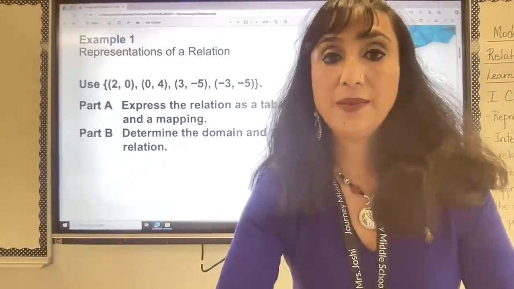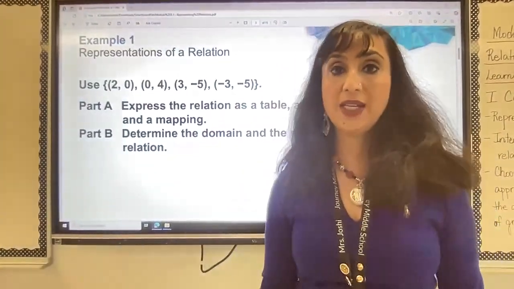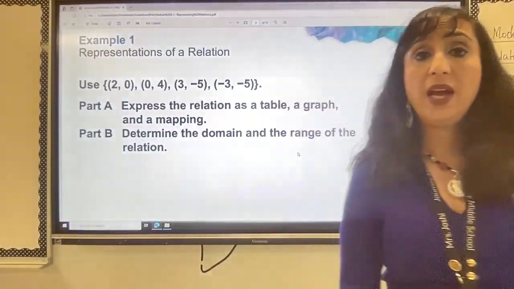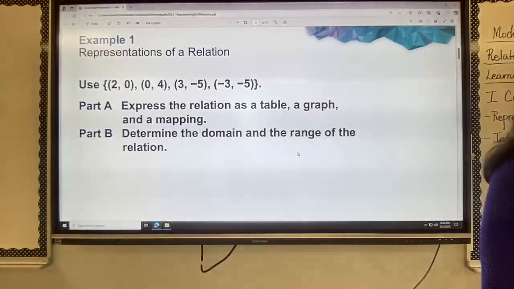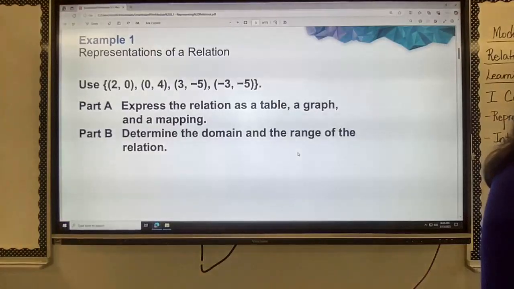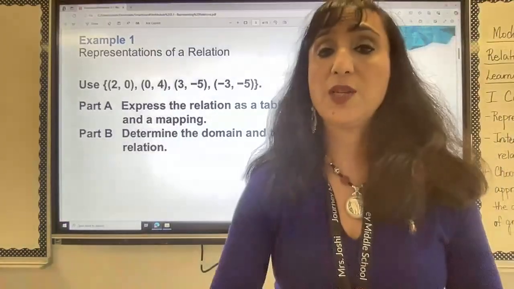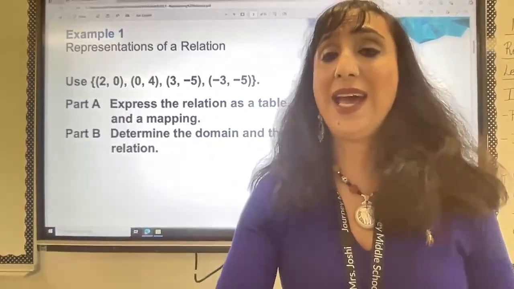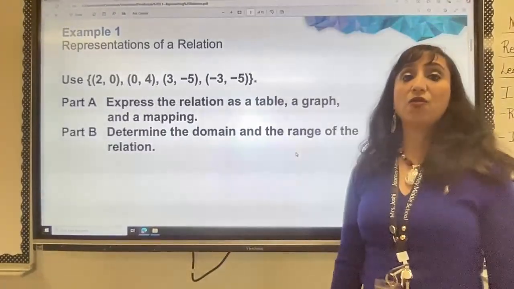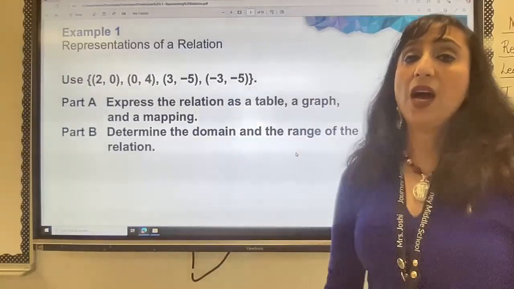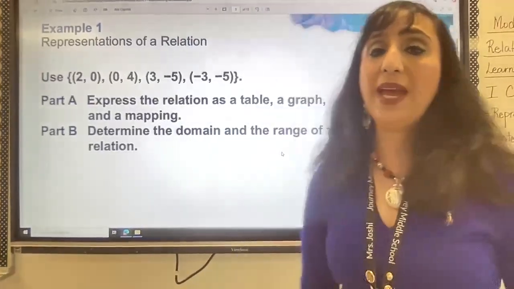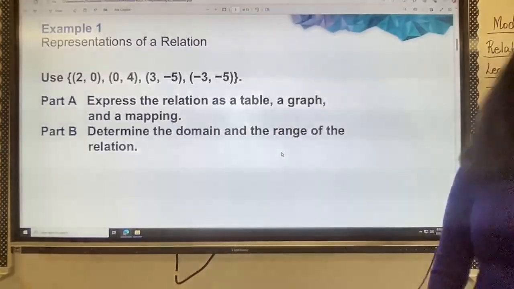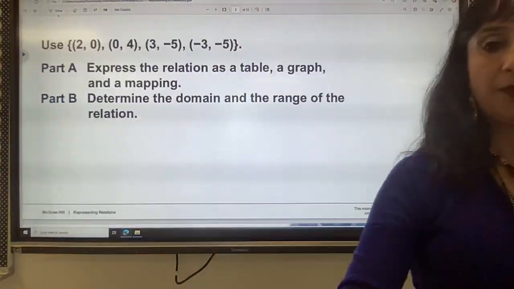Here's a question. Are representations of a relationship, and we are using these values that are provided, and we're going to express the relation as a table, a graph, and a mapping, and we're going to determine the domain and the range of the relationship. Okay?